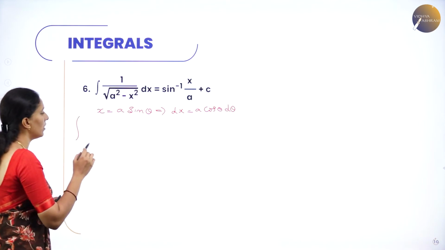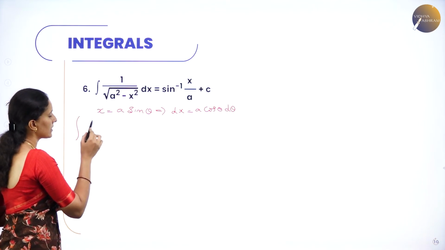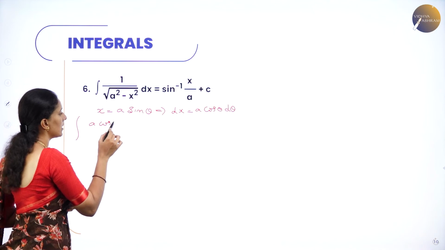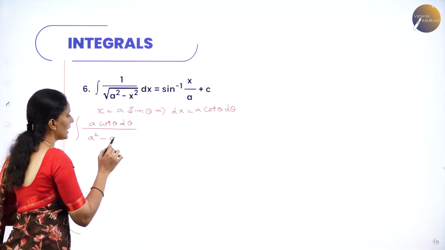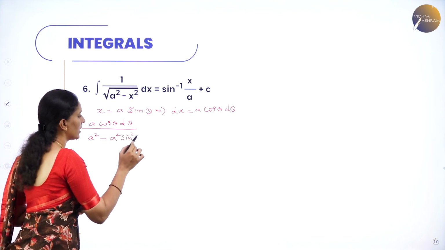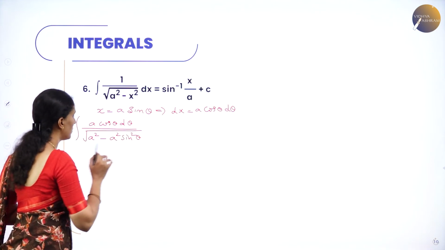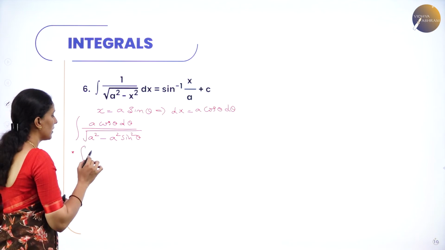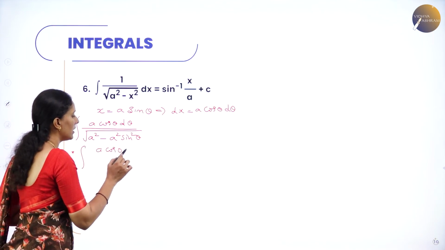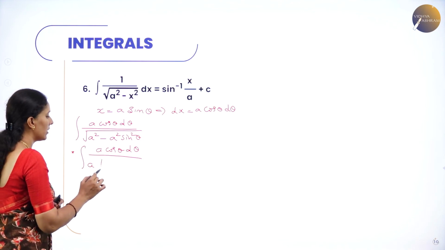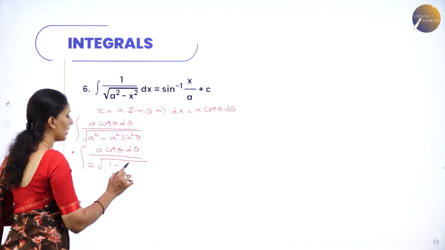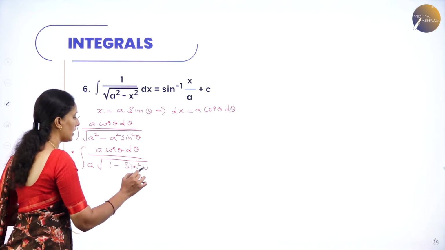So therefore here we get dx in the form of a cos theta d theta divided by square root of a square minus a square sine square theta. Which becomes a cos theta d theta divided by, if you take a square outside the root, it will become a, and here we are left with 1 minus sine square theta.